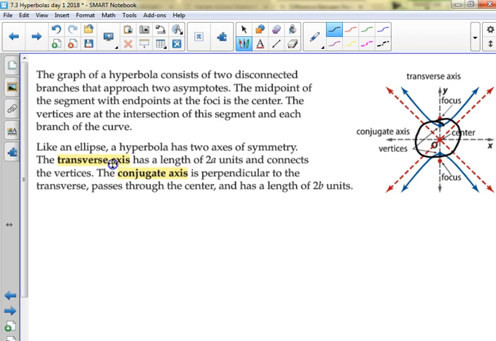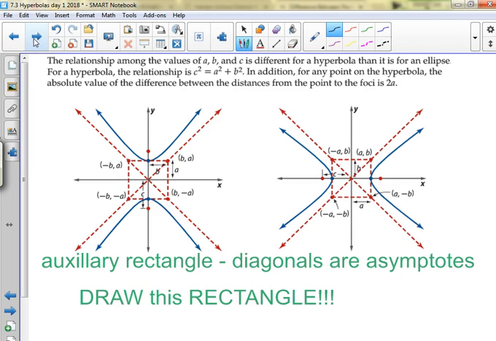The thing is, a transverse axis is going to actually go through the two hyperbolas, and the conjugate axis is going to go in between the two branches. I'm never going to ask you about them, other than that there might be a homework question that says something is twice as long as something else, and you can use this idea, okay? You can use your reference sheet, but it's not on a test or quiz. It's not vocabulary I have memorized, really.